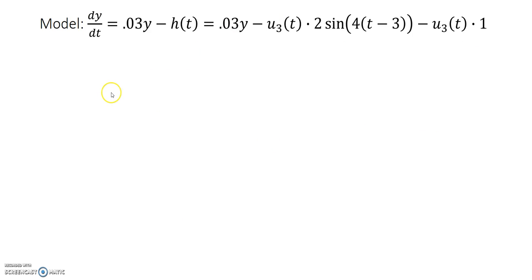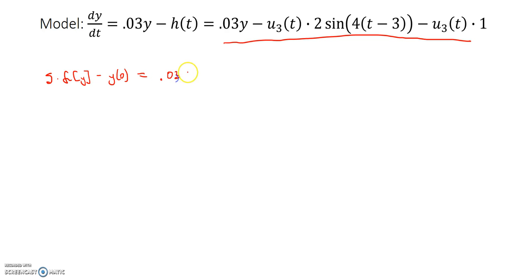All right, well, now we need to actually take the Laplace transform of both sides. So to do that, I'm going to take the Laplace of dy/dt, which is s times the Laplace of y, minus the initial condition. And that equals, and I'm going to jump over here because this is the equality that I'm going to be working with, 0.03 times the Laplace of y, factoring out the 0.03, minus the Laplace of this deal here, minus the Laplace of this deal here.